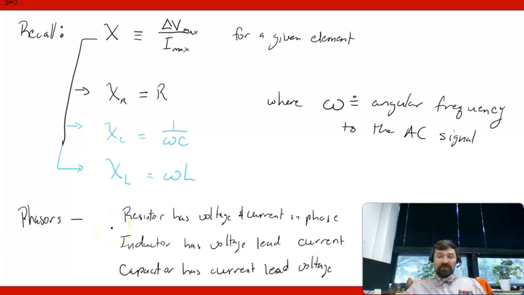So with the resistor, voltage and current are in phase. With the inductor, voltage is 90 degrees ahead phase-wise compared to the current, or pi over 2 radians. And for the capacitor, the current leads the voltage, which means that the voltage is 90 degrees or pi over 2 radians behind the current. Okay, so that's the other thing to recall.